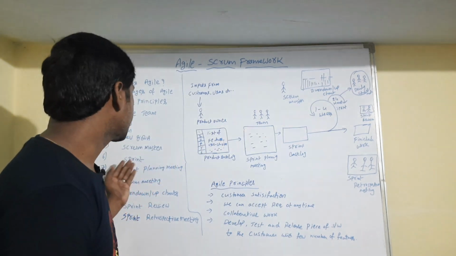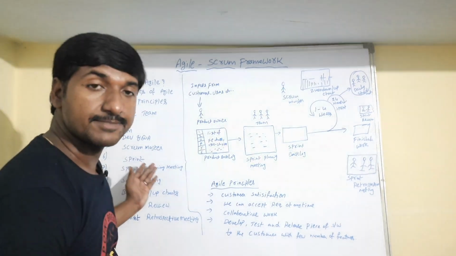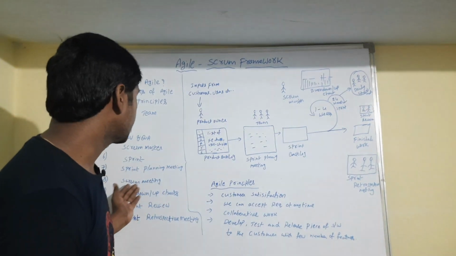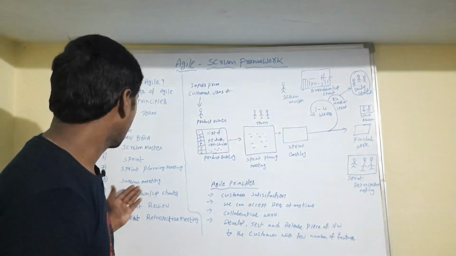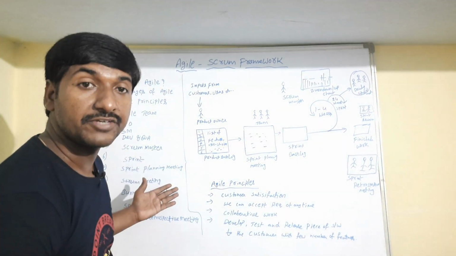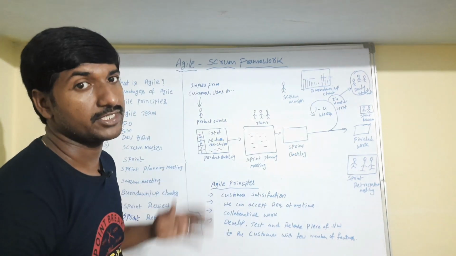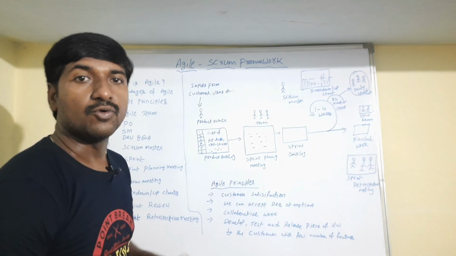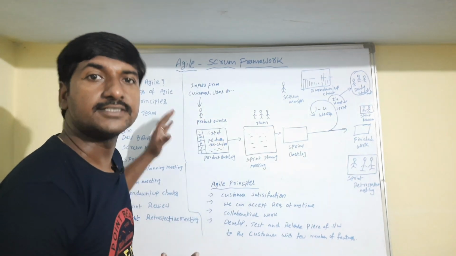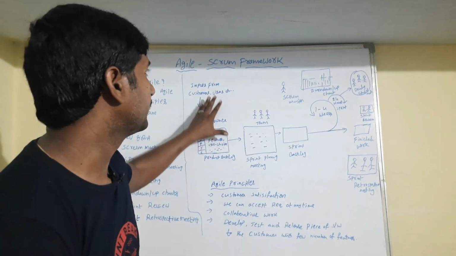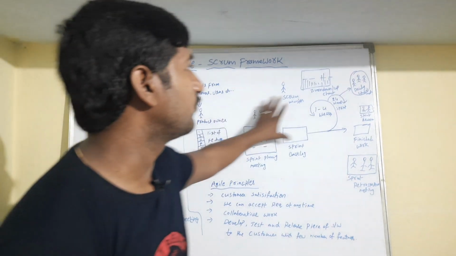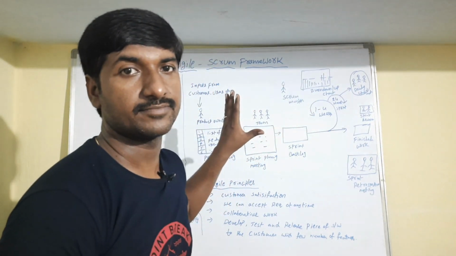At the same time, we'll see what is a sprint, what is the sprint planning meeting, and what is a Scrum meeting, what are Burndown and Burnup charts. Also we can see what is a sprint review and a sprint retrospective meeting. We will cover all these topics, guys, and then I will also explain the Agile project methodology flow.